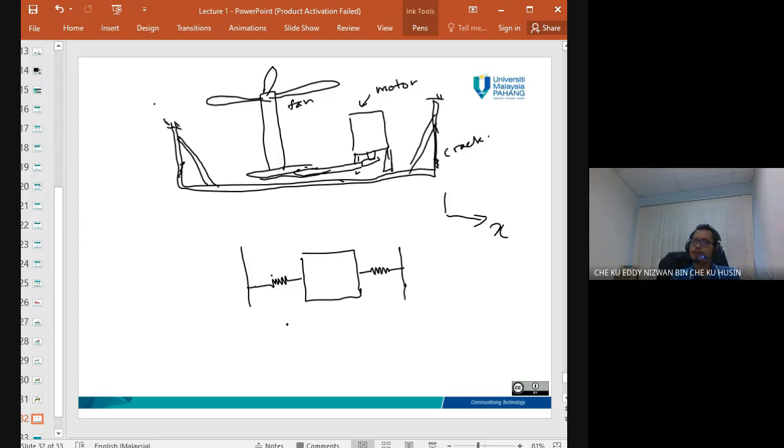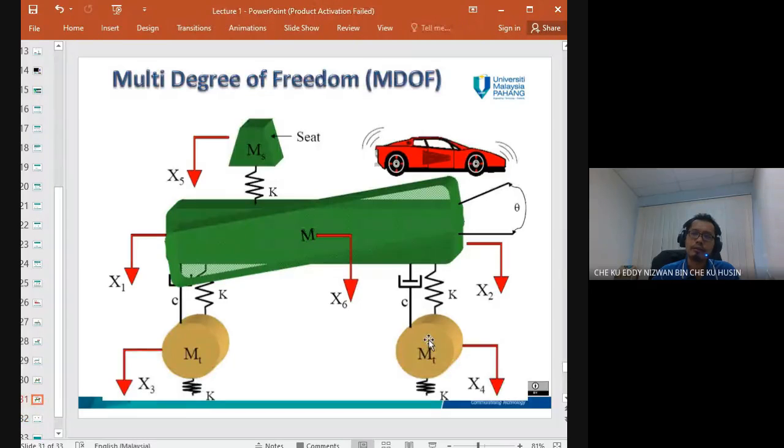Even if you deal with a complex system, you can still simplify it and propose a good solution to solve the high vibration issue. That's why it's very important to know the modeling of the system. But for a car, of course, you need a lot of detail because of the simulation.